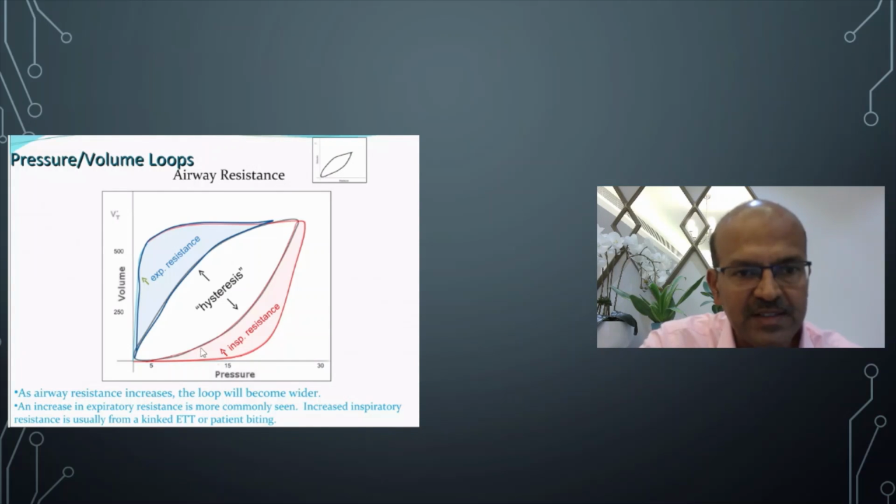You also have resistance manifest as widening of this, so the same pressure will cause the rise, but the time taken is more. You would see widening, and expiratory resistance is more common with airway obstruction with secretions, and inspiratory obstruction, as we will see, is more if there is kinking of the tube or other issues. So if there is a sudden increase in resistance, you look at the tubing, the secretions in the circuit and in the tube.